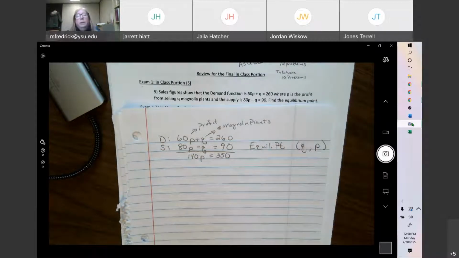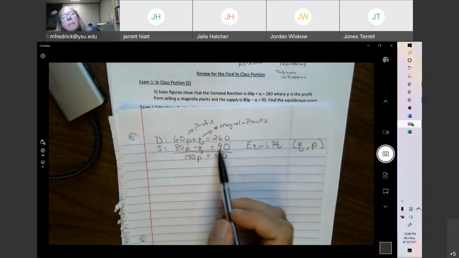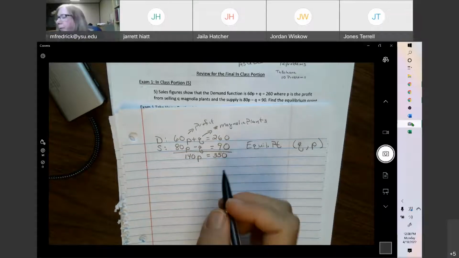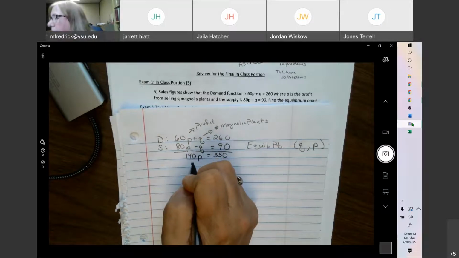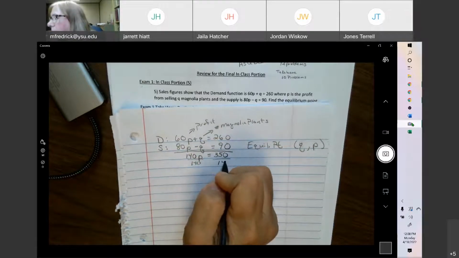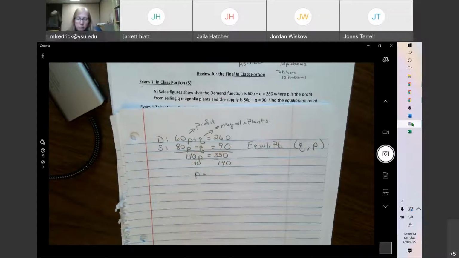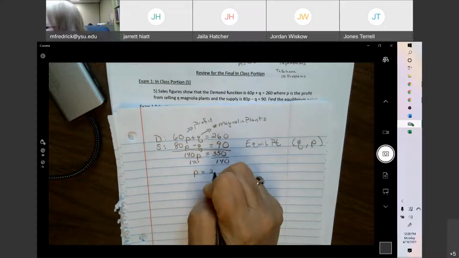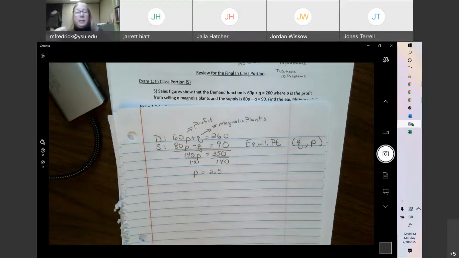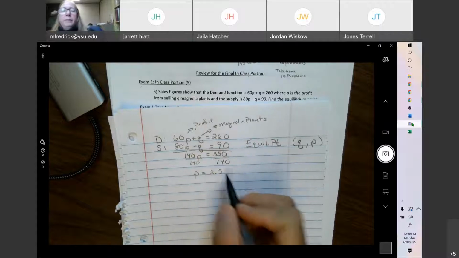Any questions so far? So I used elimination by adding down, the Q's dropped out, and solving for P, we would divide by the 140. Since we are talking about P is price, a decimal's fine, 2.5.